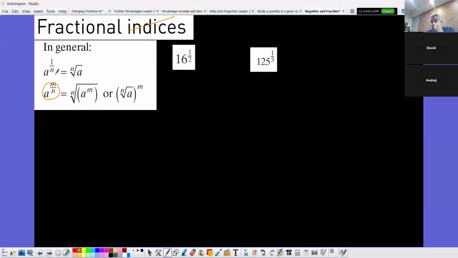And only this rule if we use, let's say 2 to the power of 5 over 7 means the 7th root of 2 to the power of 5, which is equal to the 7th root of 32. Then this is the answer, it has to be.